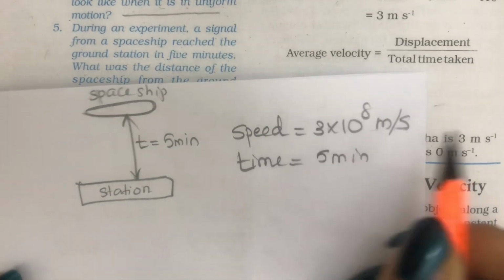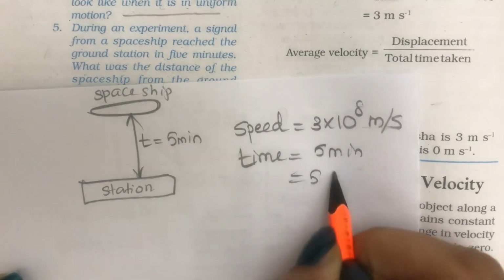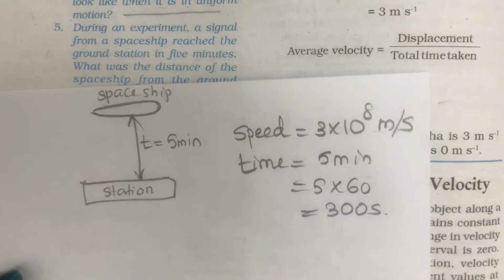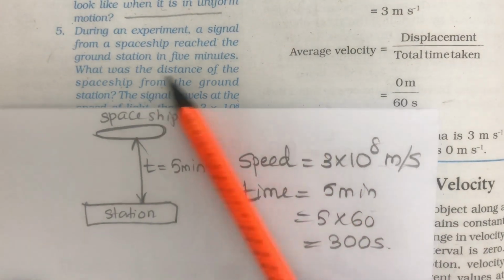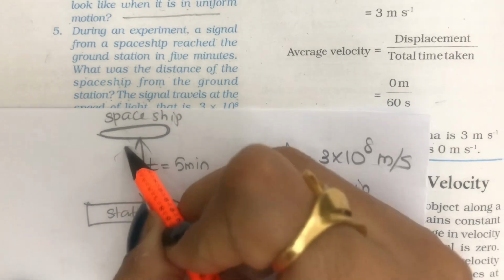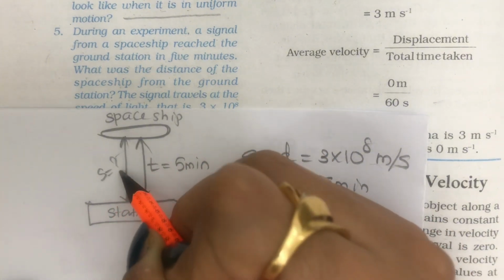So the unit is meter per second, so we have to convert minutes to seconds. That is 5 into 60, which is equal to 300 seconds. Now we have speed and time. We have to find the distance of the spaceship from the ground station. We have to find S, distance.